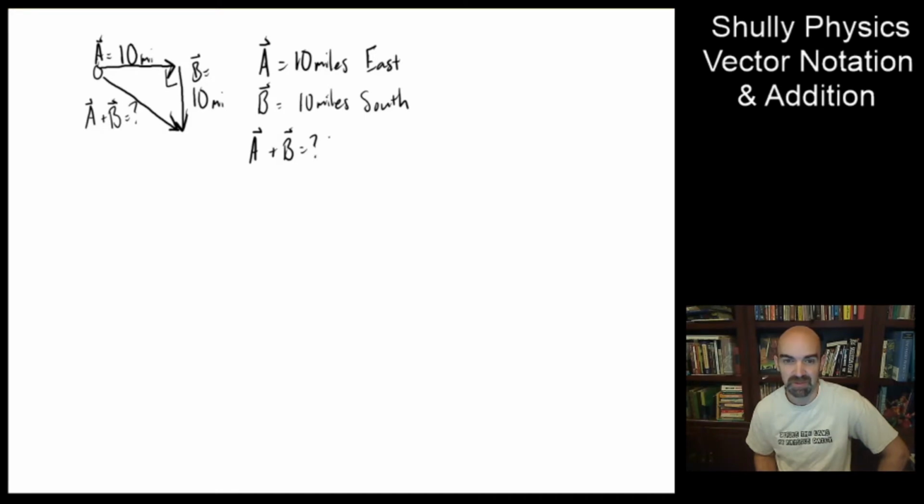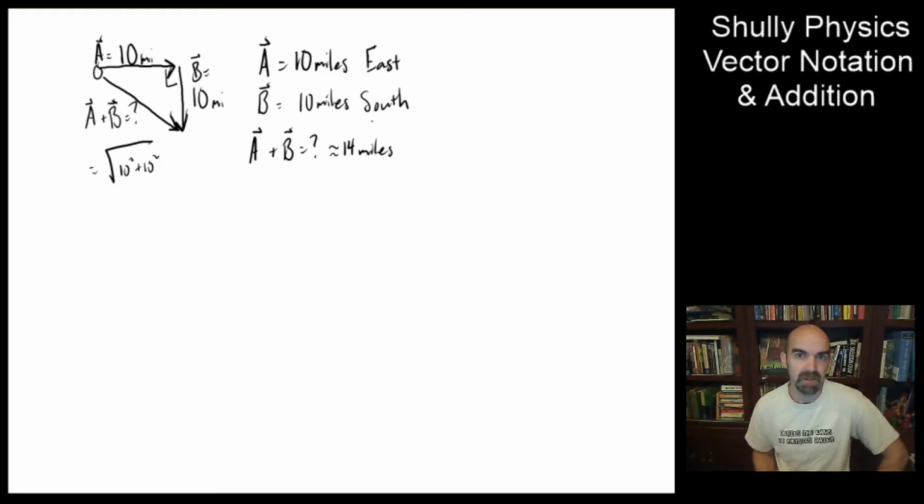So A plus B, what do you think? Well, we take the square root of 10 squared plus 10 squared, and we would get our answer out of that. And so that, what is that, about 14? So around 14 miles would be the length of that.